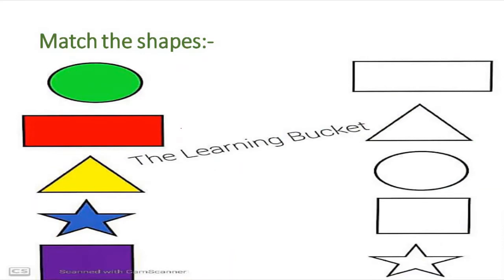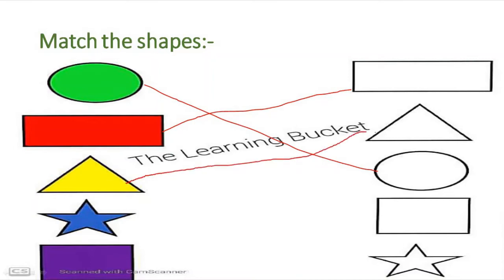Now, this is a different task. This is match the shapes. We have to match the shapes with the shadow of shapes. Yes. Match it. Okay. Now, rectangle. Match it. Triangle, match it.